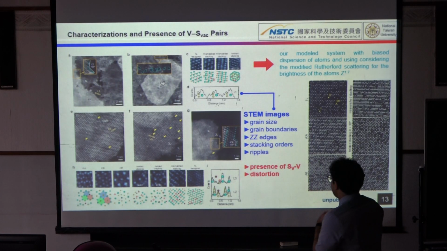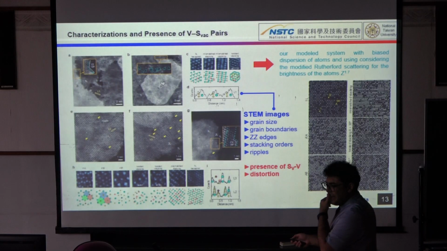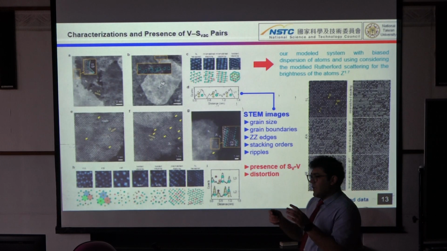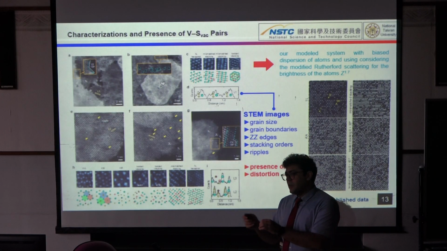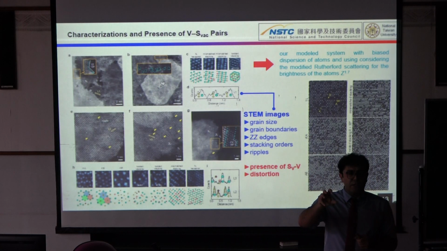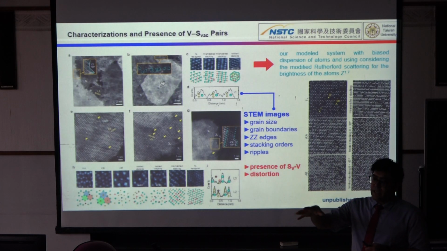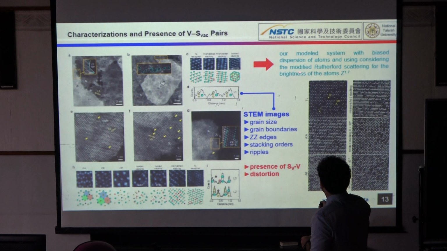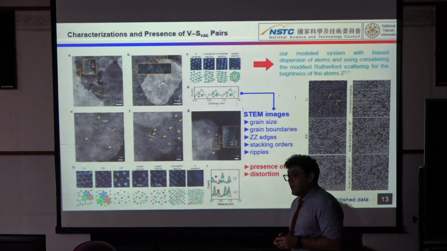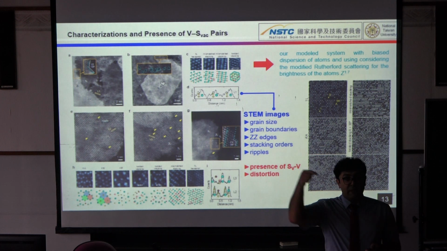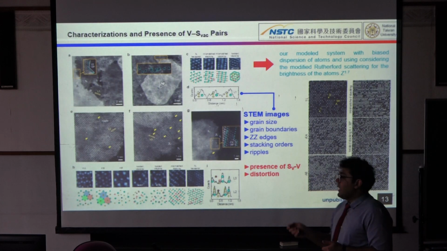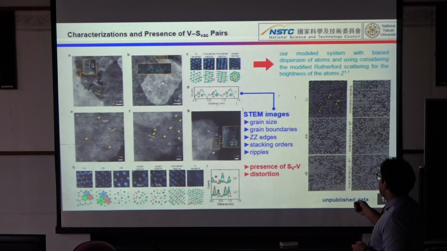And for me, it was a question why we have this kind of dark region. Then I considered a model based on the input from the DFT calculation. I wrote a code and considered the formation energy of vanadium in the lattice of MoS2, and also vacancy in MoS2 with and without vanadium, and also considered the scattering and the brightness of each point, because when an electron comes and leaves, it can scatter from any atom, and this scattering is a function of Z, the atomic number, to the power of 1.7.